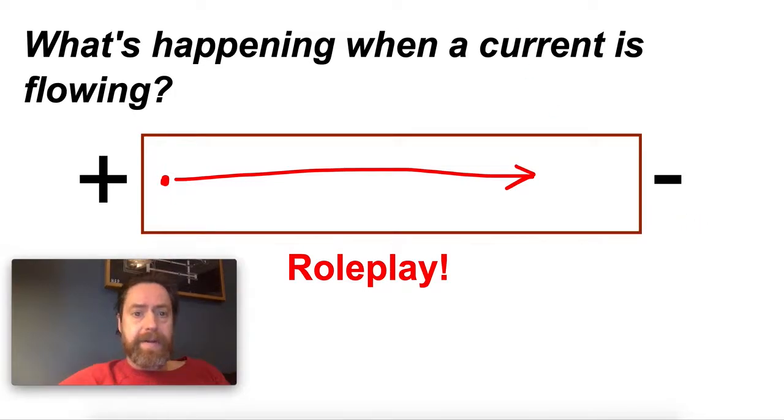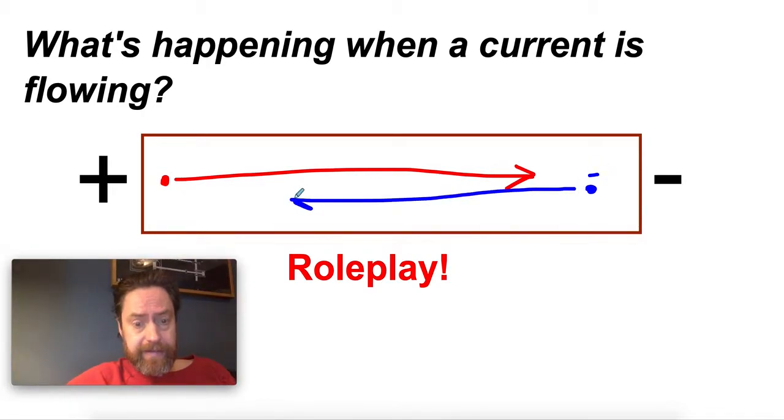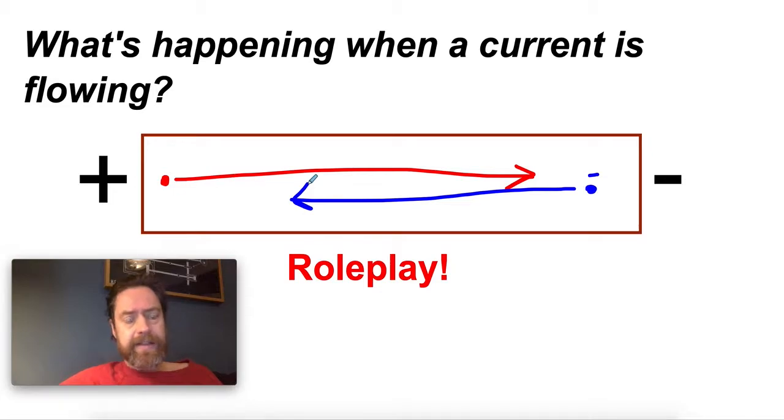And then other people point out, actually, the charges that we're talking about are electrons, so actually they'll be flowing the other way. Not conventional current, that's what they'll actually be doing. And then the people think, oh, okay, but that would be like there's nothing there in the wire.